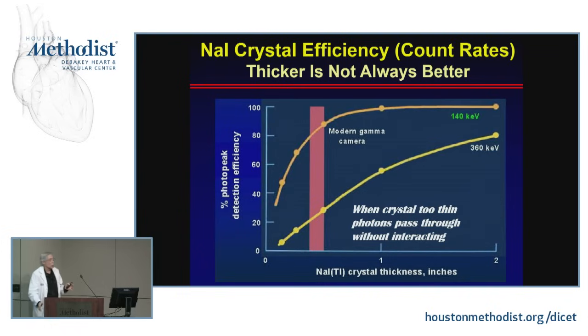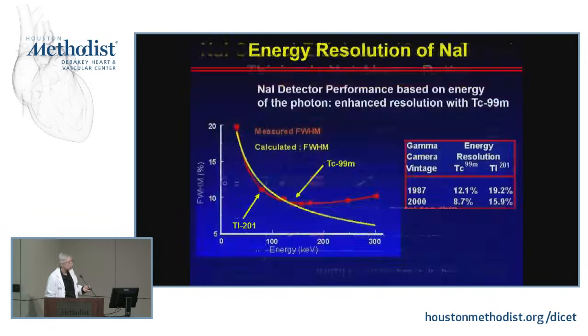In CT, if you use, for instance, 140, 150 kV photons, you get a blackened image because you don't attenuate anything. Everything just passes through. So you want the proper thickness of crystal where you can maximize the number of photons that undergo photoelectric effect, which is due to the thickness of your crystal. Okay, so that's an important first concept.